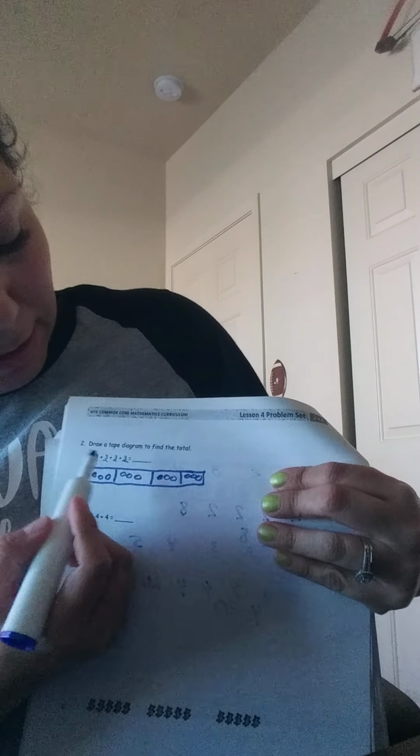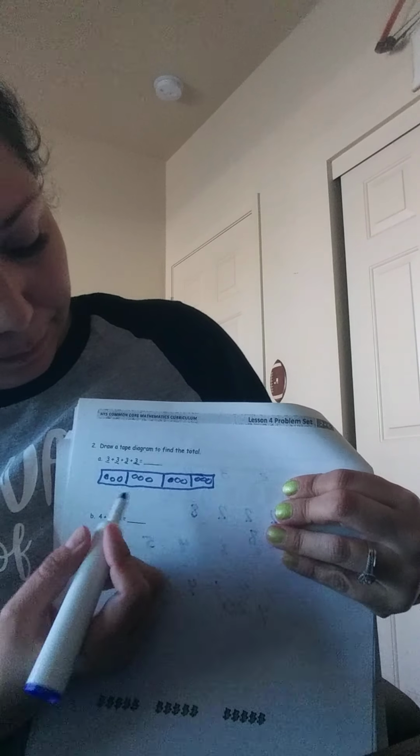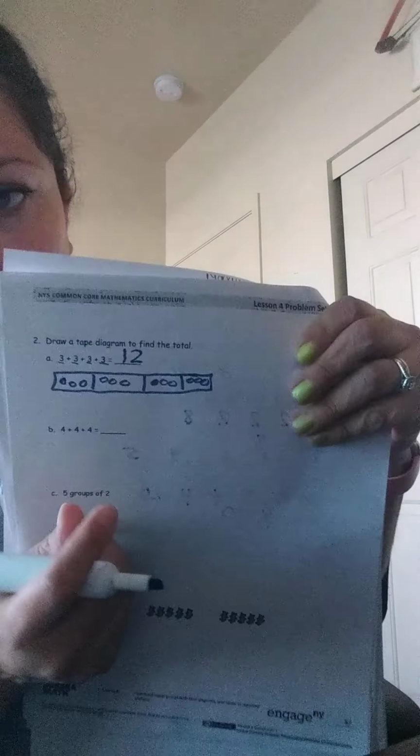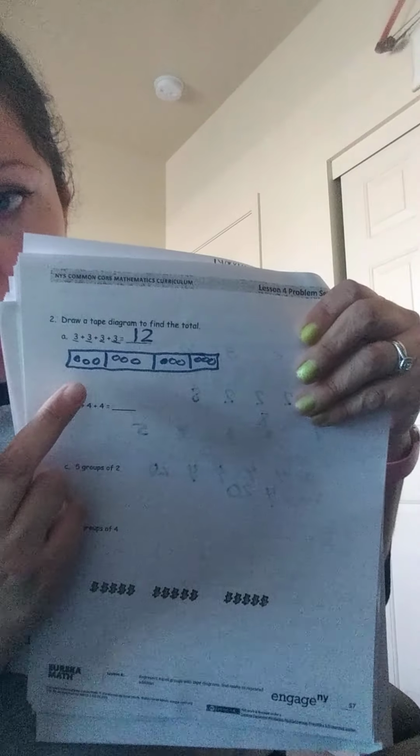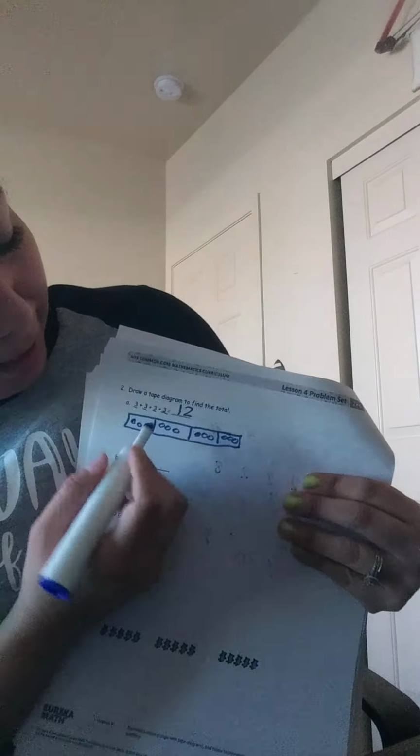So now we're going to be adding. What's 3 plus 3 plus 3 plus 3? Do you guys know the answer? 12. So underneath, don't forget to put down how many groups we have.